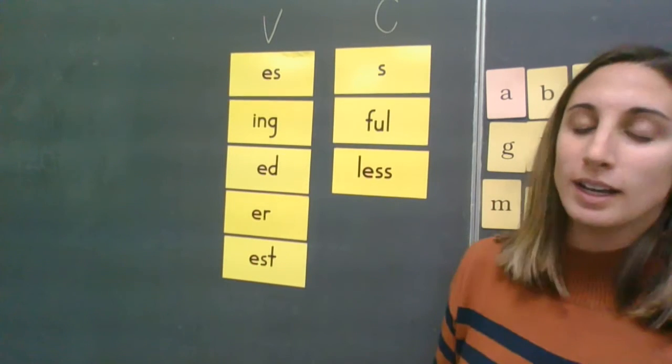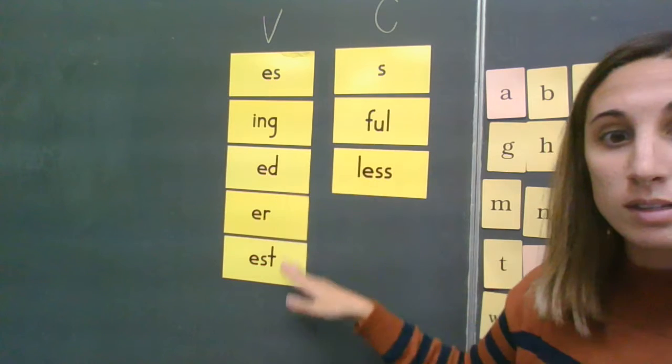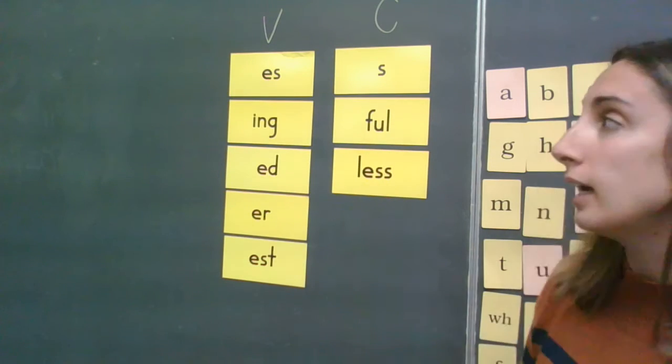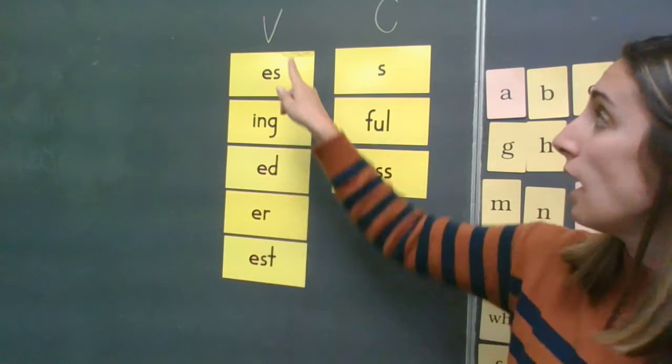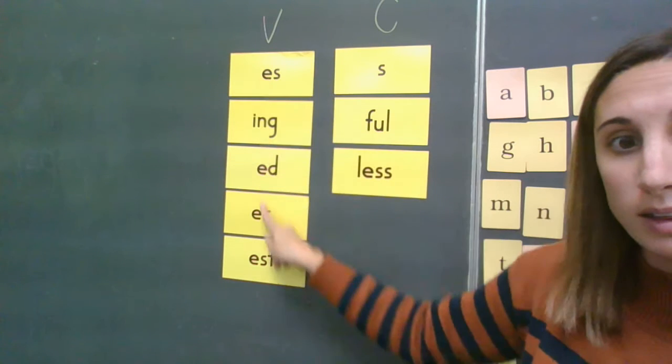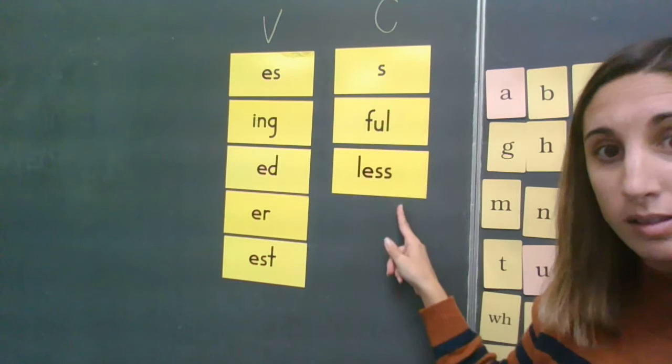Okay, so far in Unit 2 of Fundations, we have introduced these suffixes, okay? Now, remember there are 2 different kinds of suffixes. We have vowel suffixes in this column and consonant suffixes in this column.